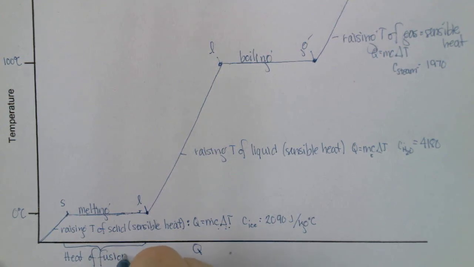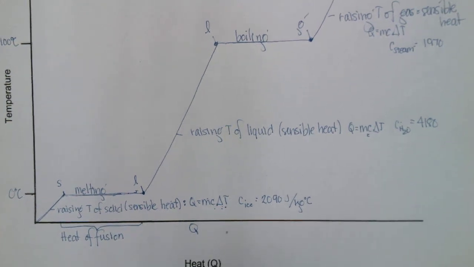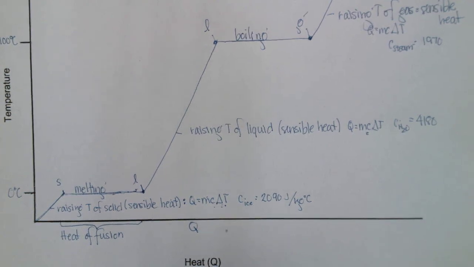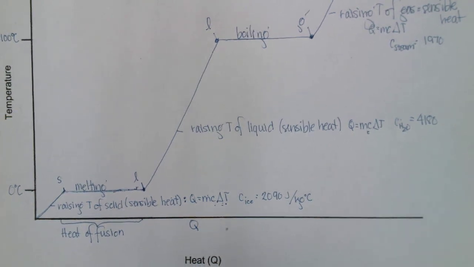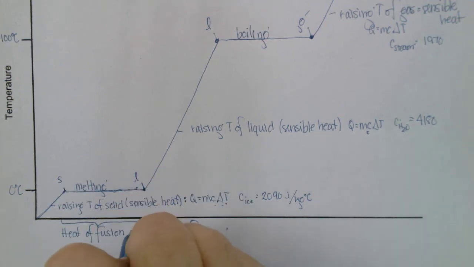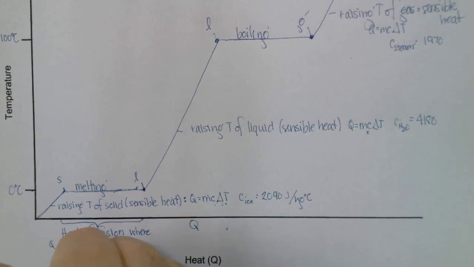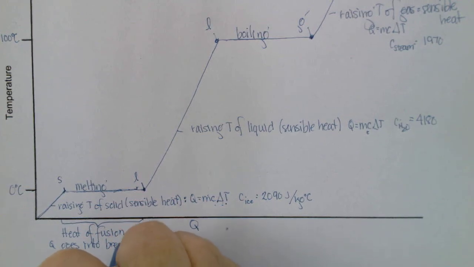Latent heat is any heat that is a phase change, and any heat that is a temperature change is a sensible heat. Latent heat causes phase change. So this is the latent heat of fusion, where all of my Q goes into breaking bonds, the intermolecular bonds that hold them in place as a solid.